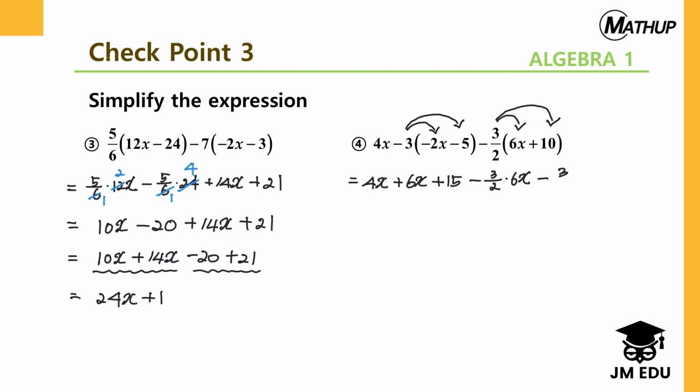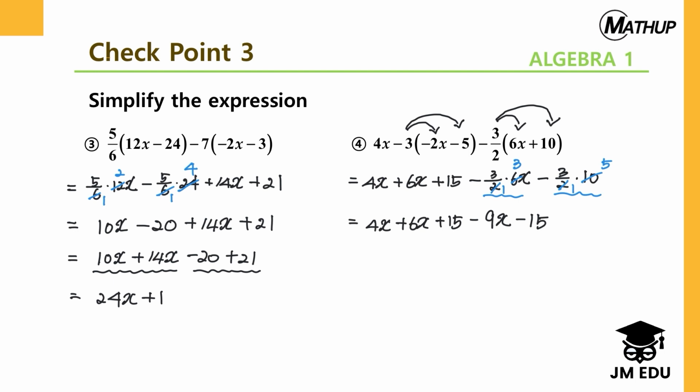Let's simplify this expression. 2 times 1, that's 1. 2 times 3, 2 times 1, 2 times 5. So that is equal to 4x plus 6x plus 15 minus 3 times 3, 9, right? So minus 9x, minus 3 times 5, minus 15.